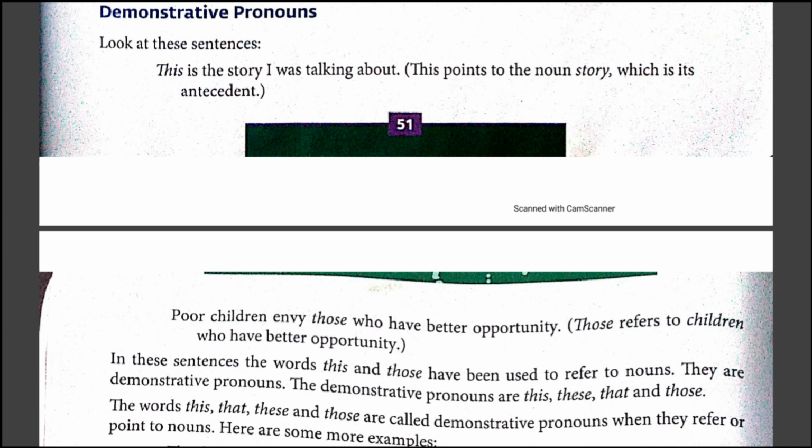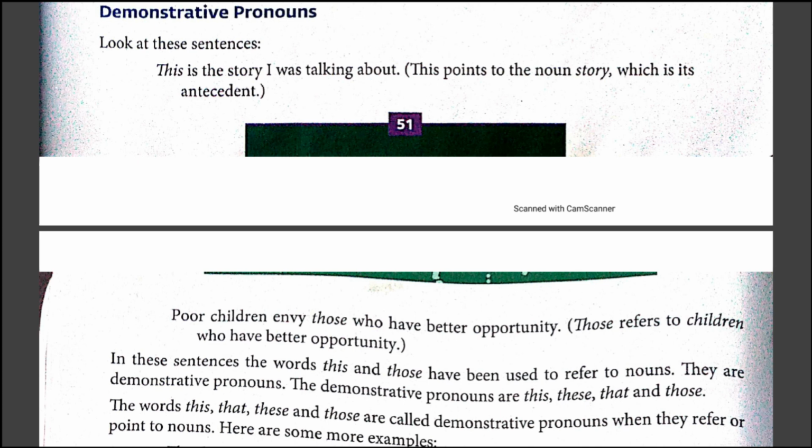Now here, poor children envy those who have better opportunities. So those refers to children who have better opportunities. Those is a demonstrative pronoun over here. Don't forget to write demonstrative, otherwise you'll get 0, because it is a type of pronoun.